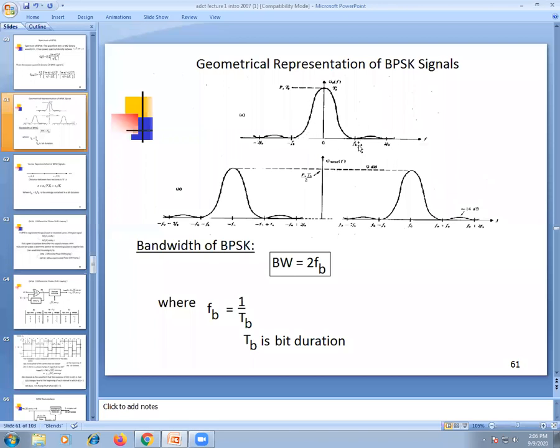This is the sinc shape, with 0 to fb and 0 to minus fb. So this is the spreading of the spectrum.